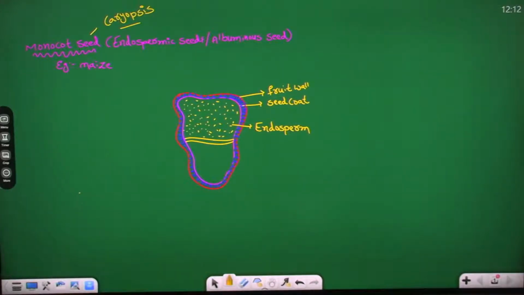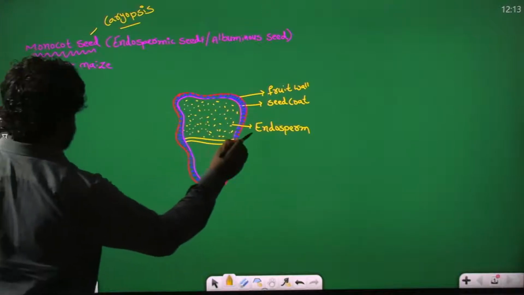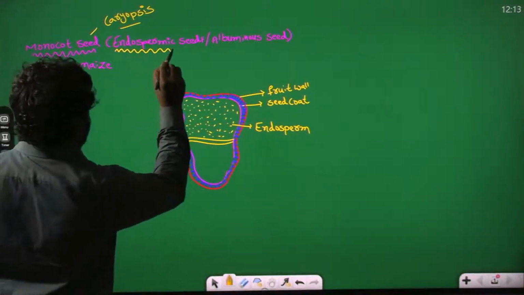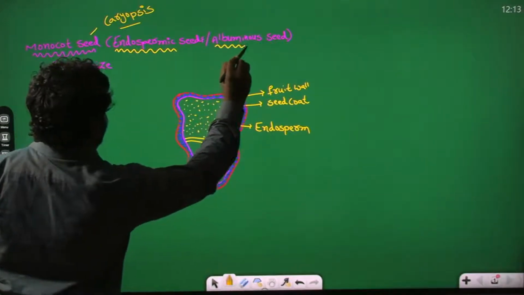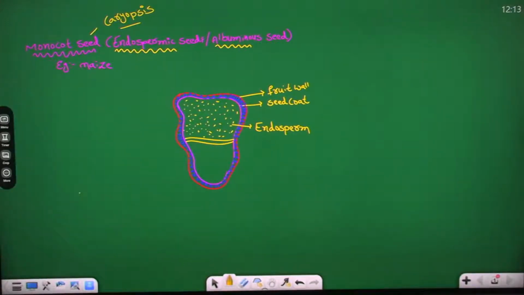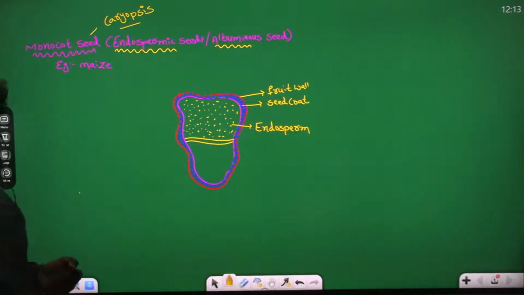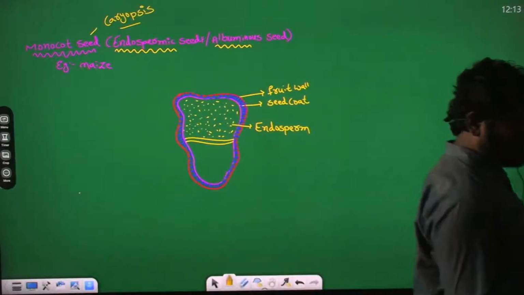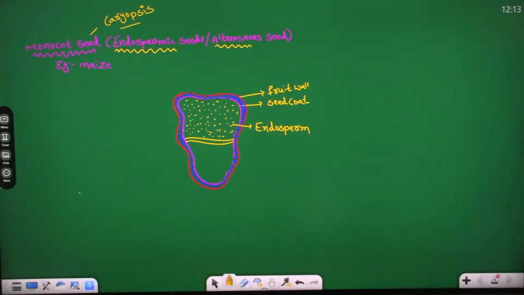Endosperm is present. Because of the presence of endosperm, monocot seeds are also called endospermic seeds, which are also called albuminous seeds. Albumin means endosperm.